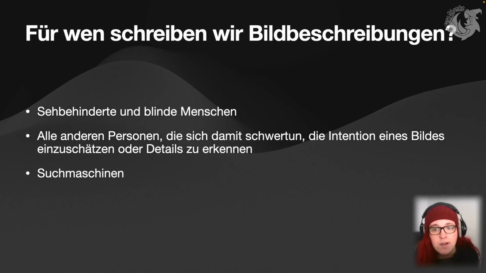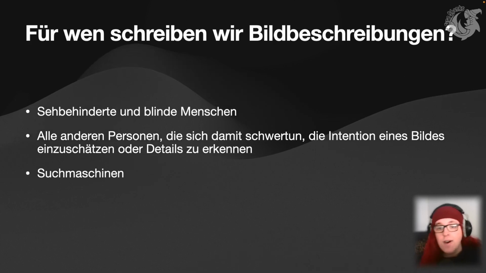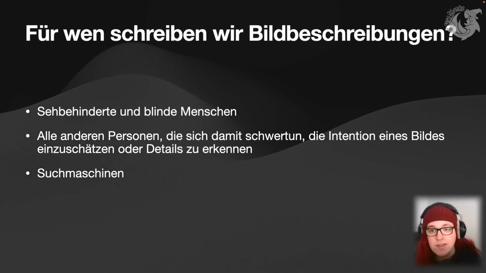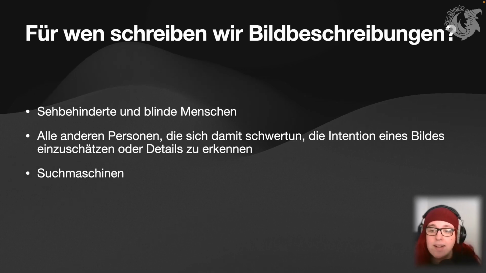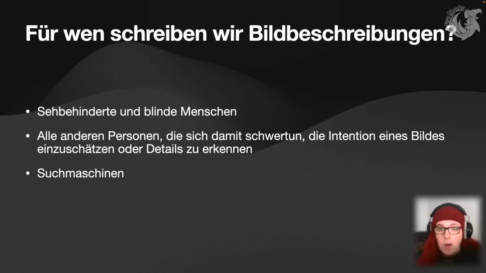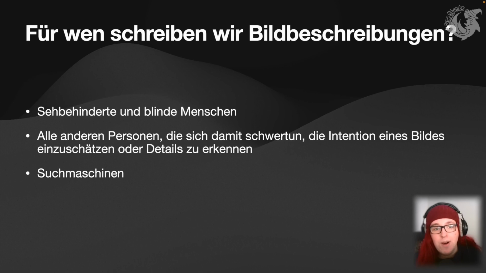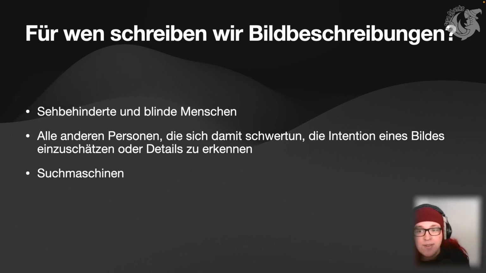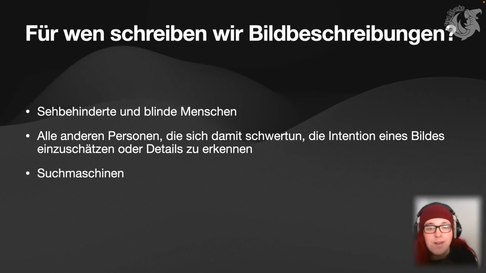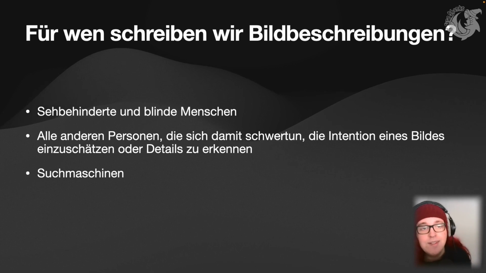So our goal is to write a description that enables us to recognize what is visible on an image without actually seeing the image. And only then will we go into detail which descriptions are especially interesting and where people can benefit from. We also write the text for search engines. It helps automated crawlers to sort our content.